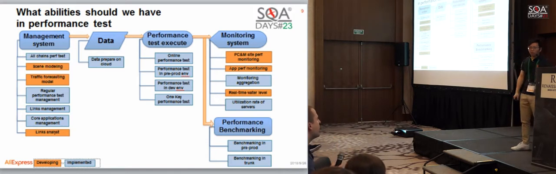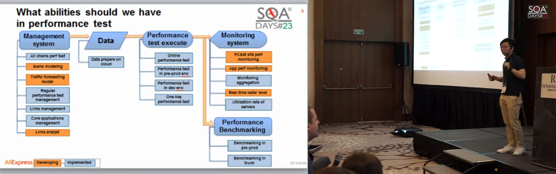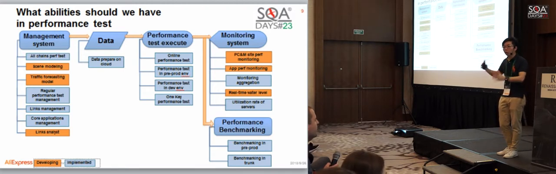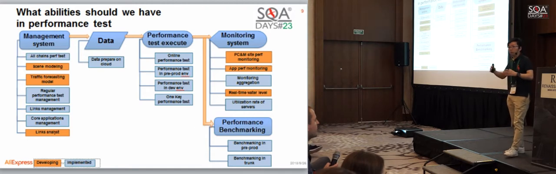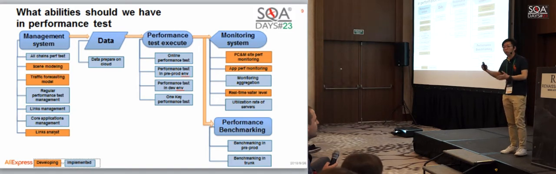Yes. Every week we do the regular performance test, so we send the report to the developers in all our technical departments. Every developer handles one or two applications in our AliExpress technical department, so they should focus on the performance indicators of the applications they are responsible for.